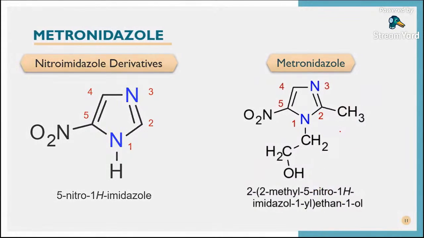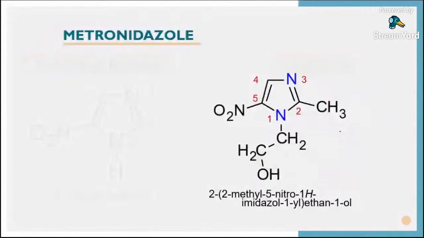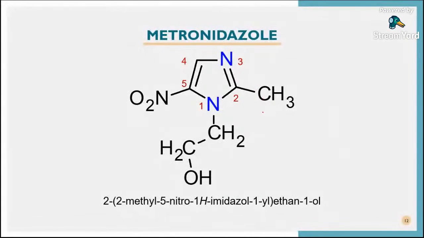Okay. Then we will discuss the IUPAC name. So the structure will look like this. So methyl group at two number positions and ethanol at one number position. Okay. So if you observe the structure, this is the ethanol. So you have to write this as ethanol or ethan-1-ol. And then the rest of the things are considered as substituents, because on imidazole there is no other functional group present.